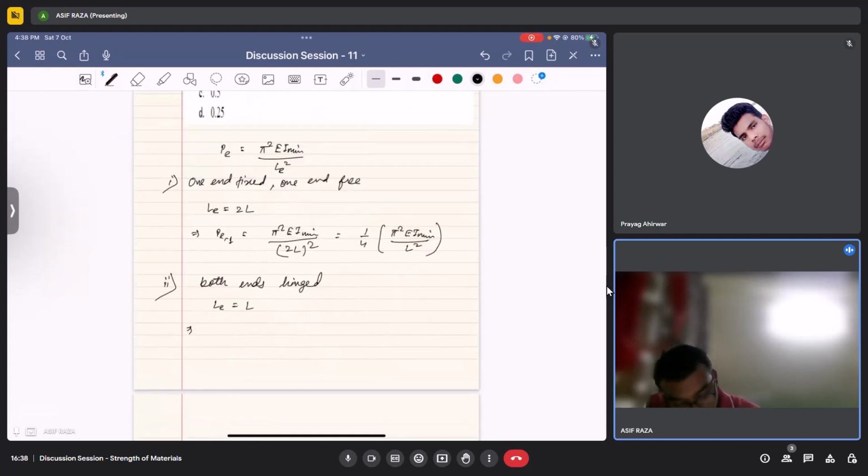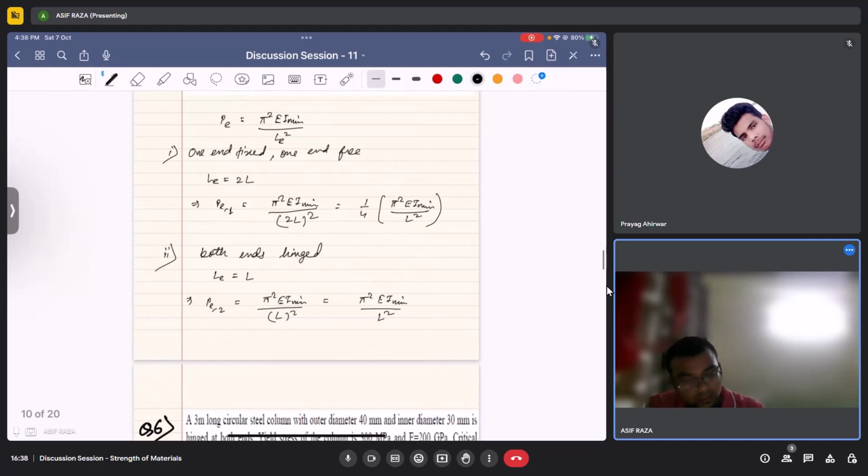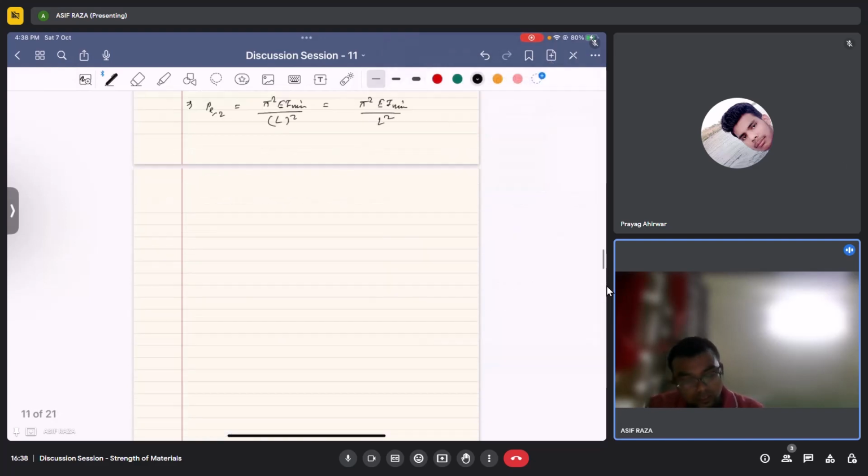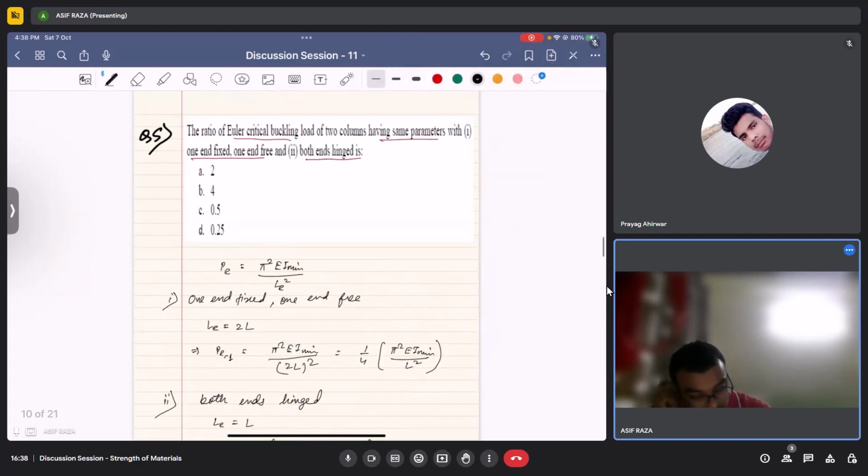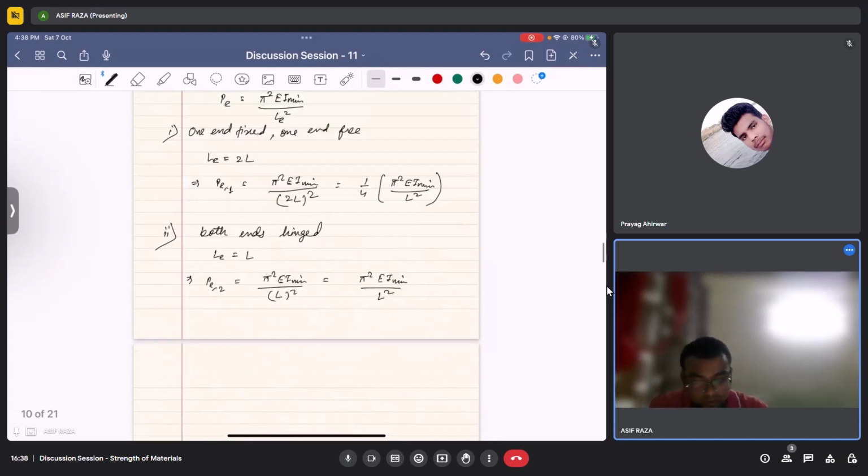Now correspondingly my Euler buckling load would be pi square E I minimum upon L square. Thus it's just pi square E I minimum upon L square. Now the question is asking the ratio of these two.